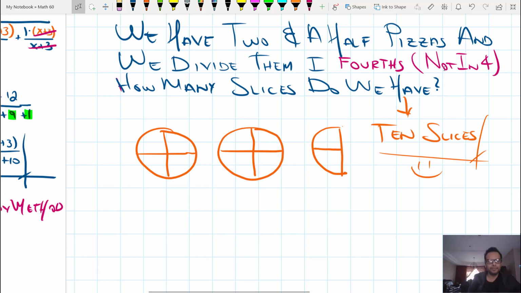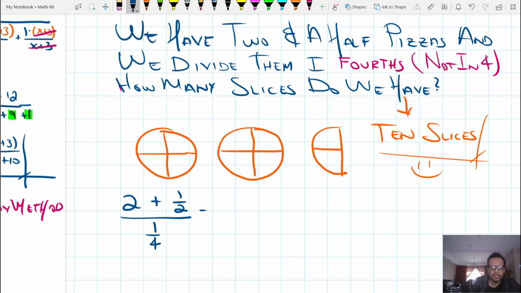So we have 2.5 pizzas divided in 4s. Let's simplify this complex fraction using any method. I'm going to use method 1. Let me have an invisible 1 here.